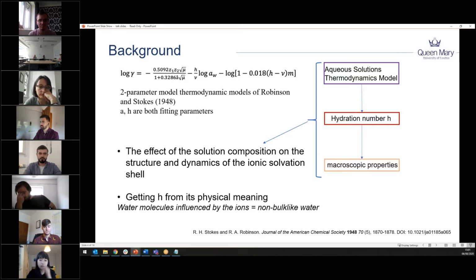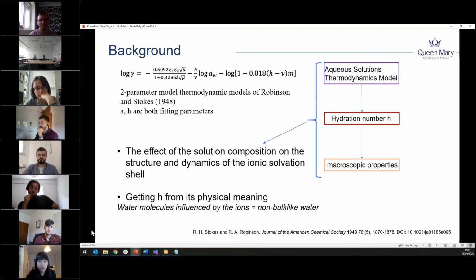But this equation has an empirical hydration component. H is the hydration number parameter, and A represents the effective radius of the ions. This model is empirical, and both parameters A and H are numbers that come from experimental data. So they are fitting parameters.